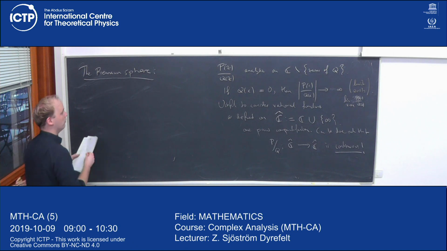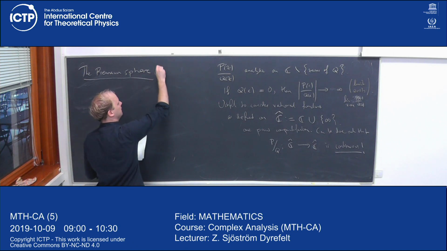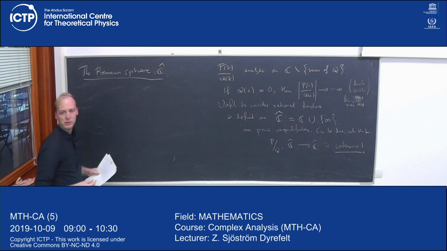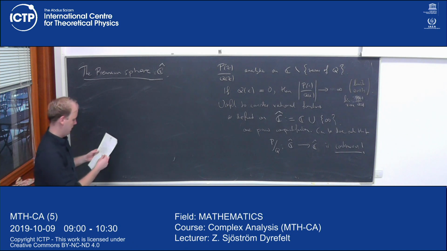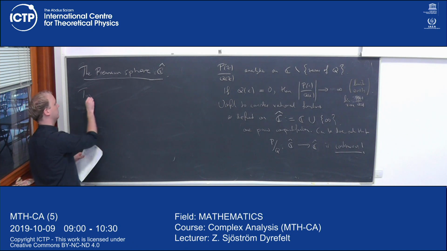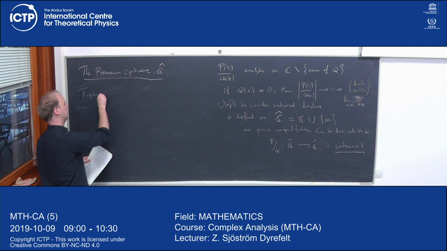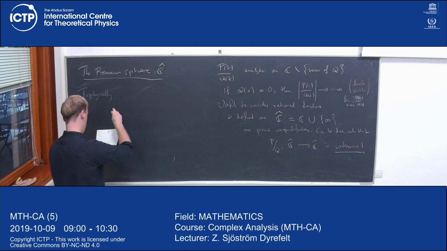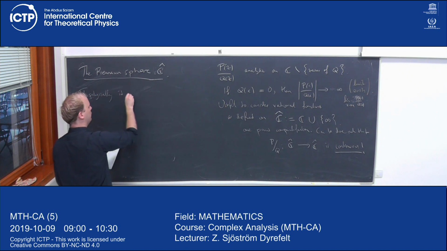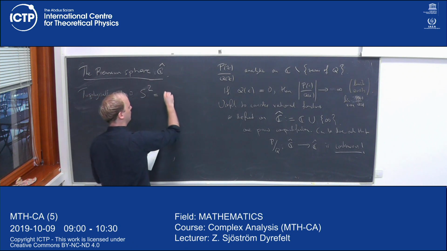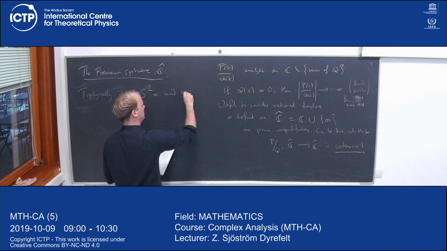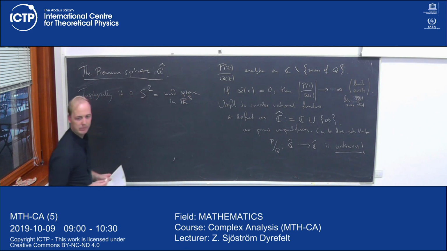So the Riemann sphere is identified with this C hat, which is C where we have added one point at infinity. Topologically, the Riemann sphere is S2, which is the unit sphere in R3.